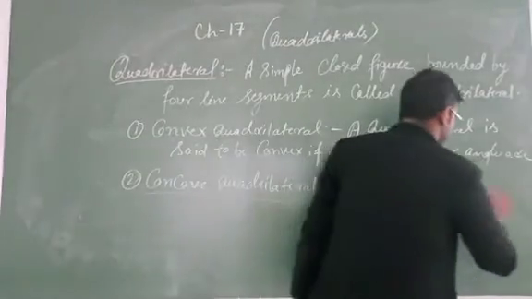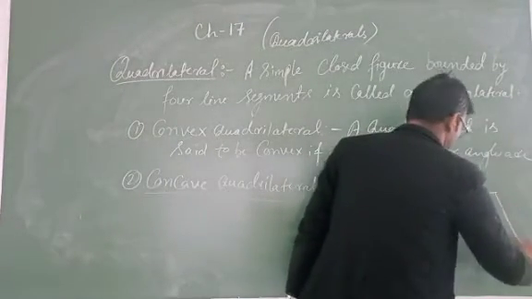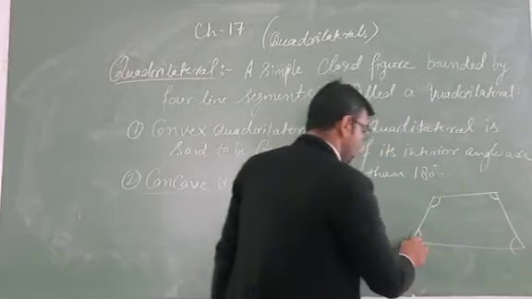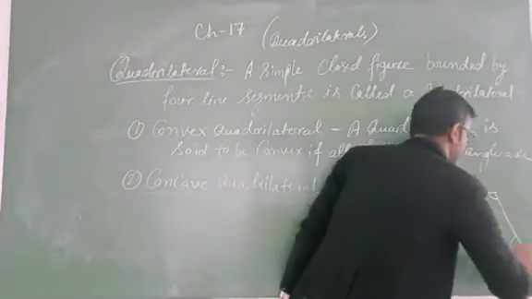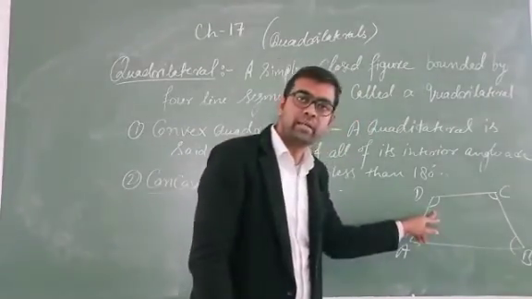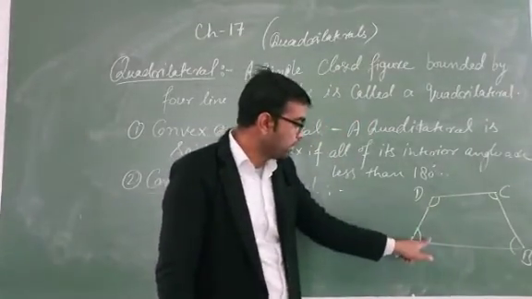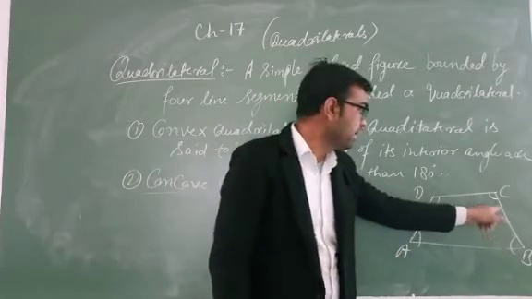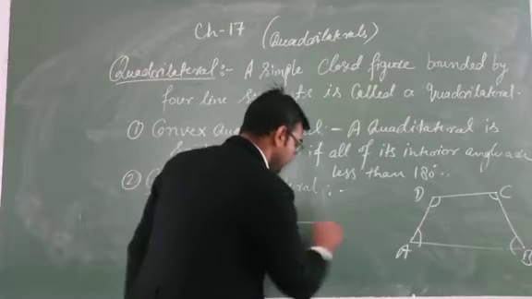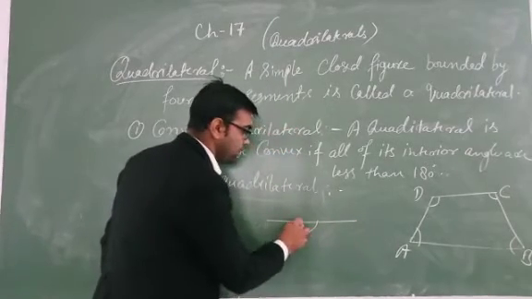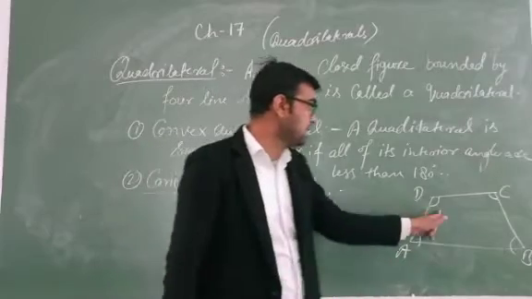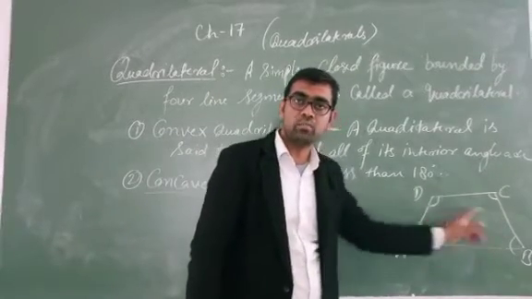So here, in this quadrilateral ABCD, all angles are less than 180. You can write in the figure: angle A, angle B, angle C and D, all are less than 180, because this is 180 and this is less than 180.